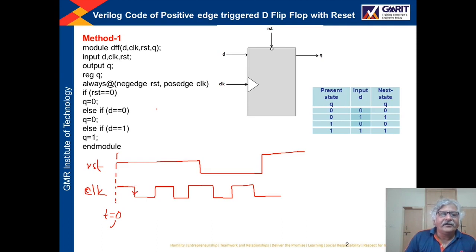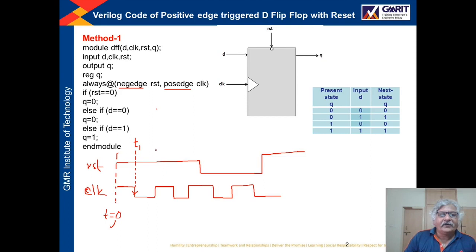If there is negative edge in the clock, then this always block is not activated, because the always block will be activated only when there is positive edge on the clock or if there is negative edge on the RST. So let us assume at this time T1, there is no change in the edge of the RST signal. It is still high, and the clock is going from high to low. So this always block is not active.